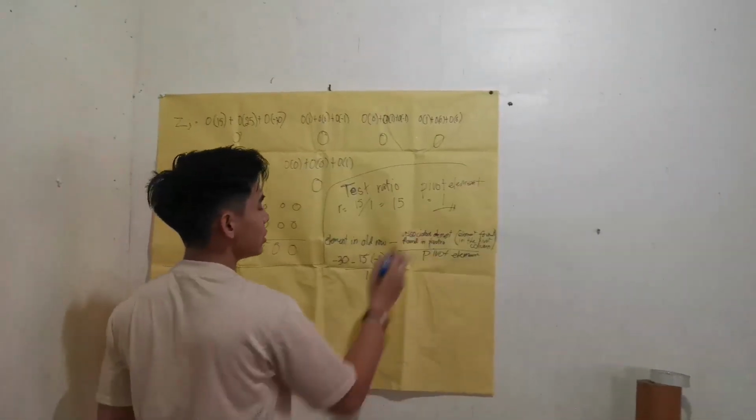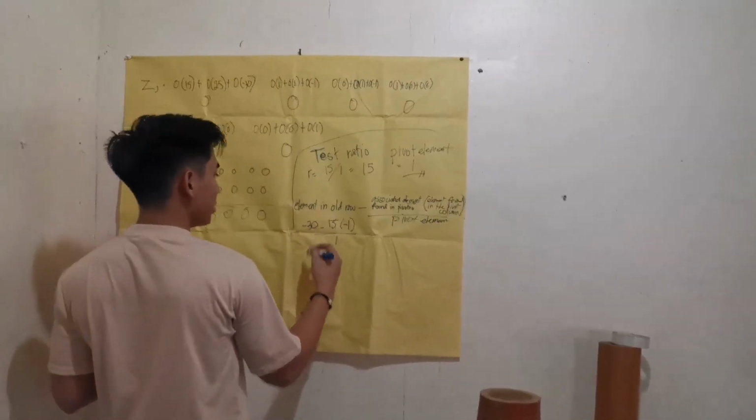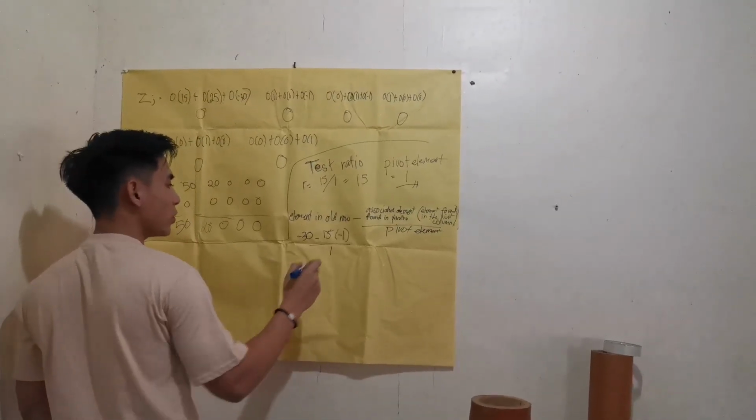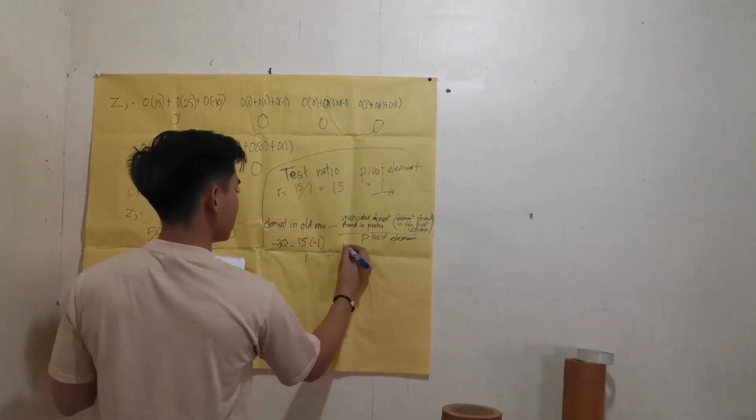Yung pivot element natin is 1. So, in compute that, negative 30 minus 15 times negative 1 over 1 is negative 15.